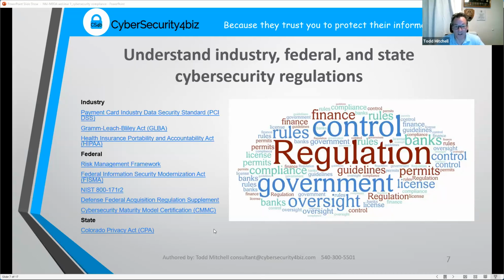And if you do business nationwide, there are 4 or 5 other states, Virginia, Florida, California, and Utah, I think, that also have state regulations telling you that you have to protect a consumer's information in a certain way, or let them opt out of certain things, or have publicly listed on your website what you're going to collect from them and how you're going to use it. So just be aware, depending on what state you're doing business in, of what these state regulations will tell you to do.